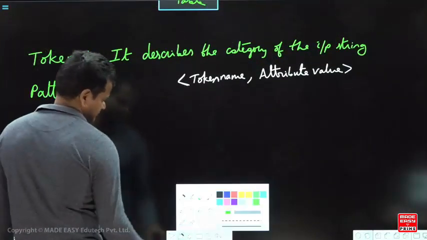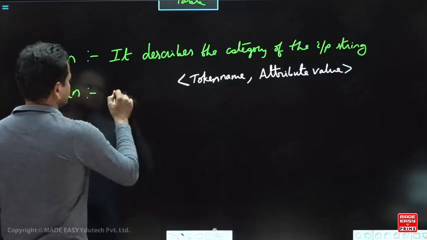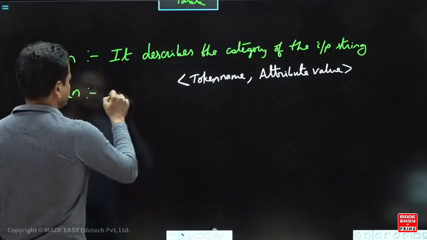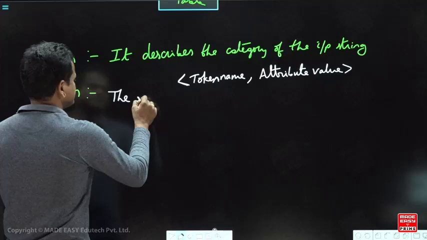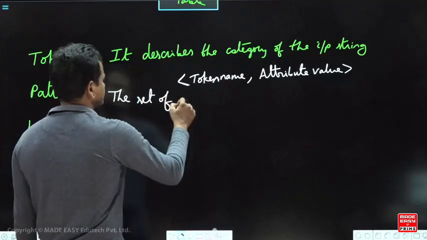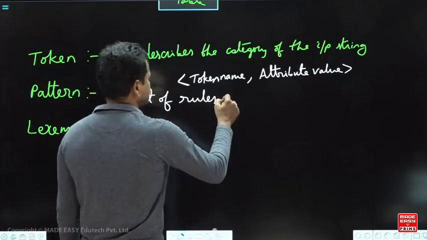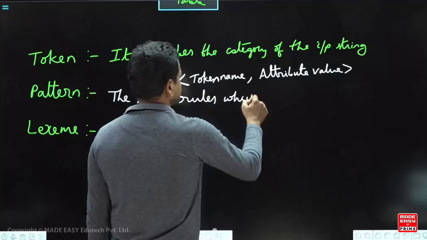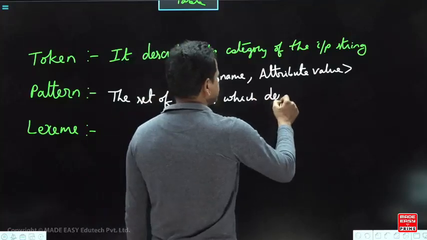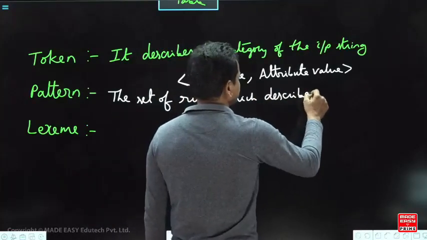Next, pattern. The set of rules which describes the tokens.